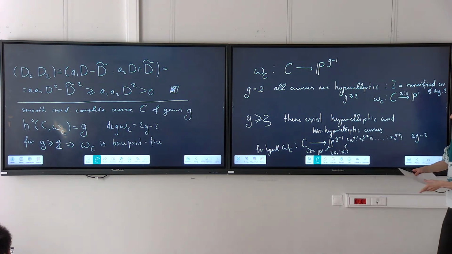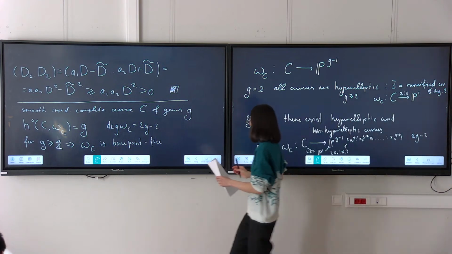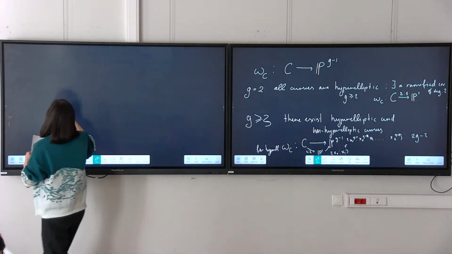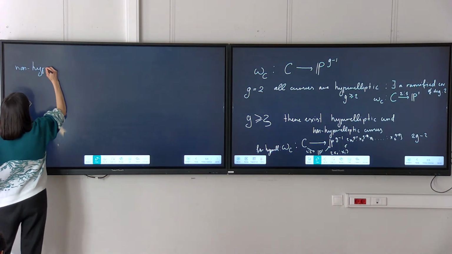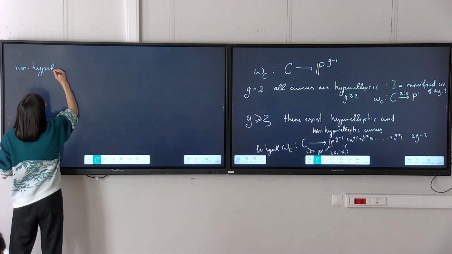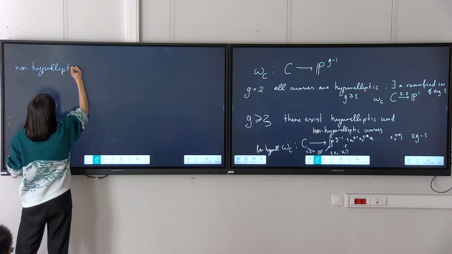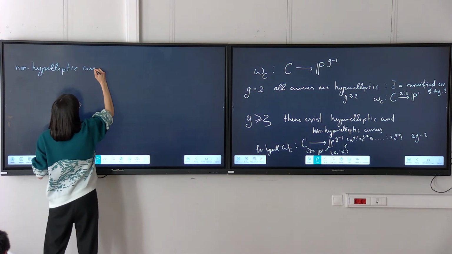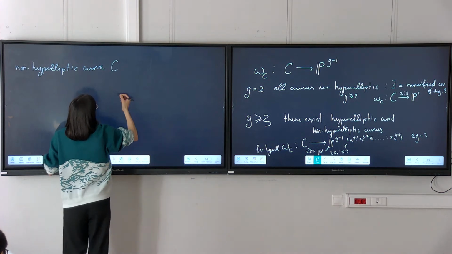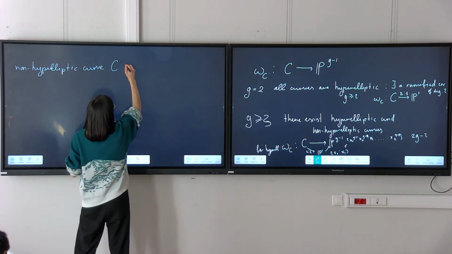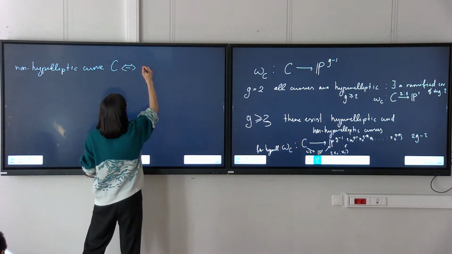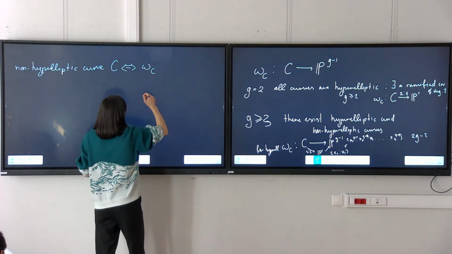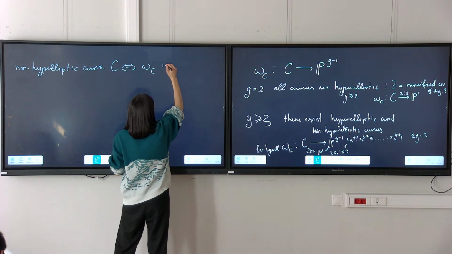So this is the hyperelliptic case, and now the non-hyperelliptic curve C. This is non-hyperelliptic if and only if its canonical bundle is very ample.